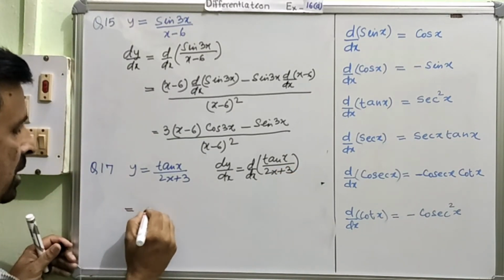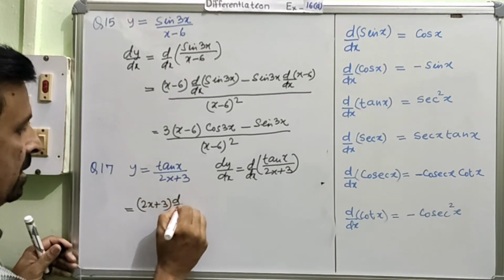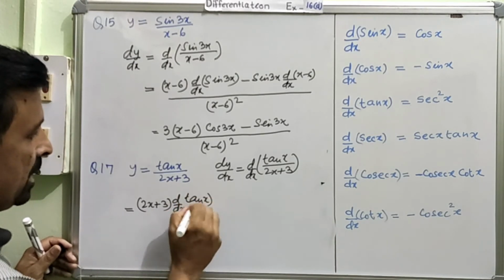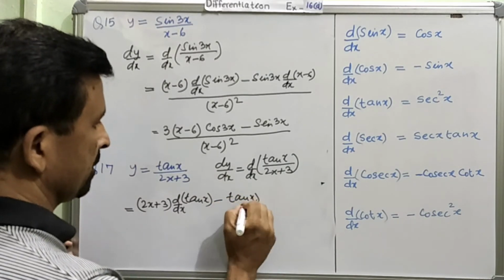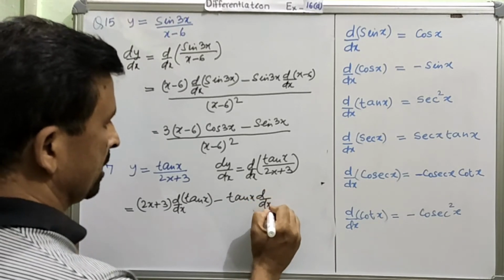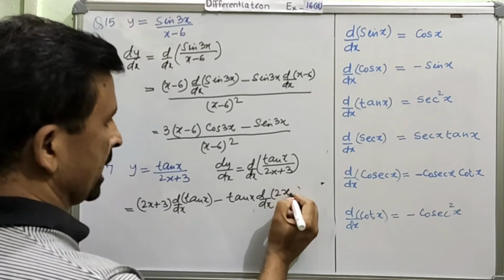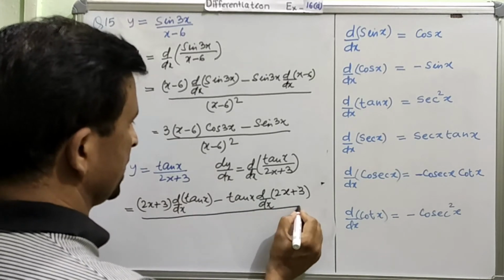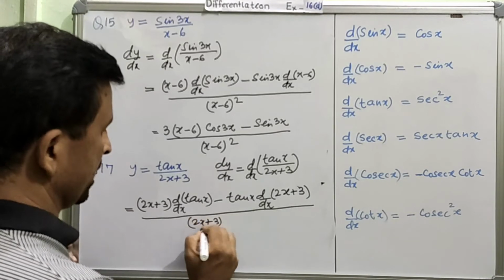So this is equal to, denominator will be silent, and then we will calculate the derivative of the numerator. This is tan x. Now minus sign, first term, the numerator will be kept silent, and then we will find the derivative of the denominator, that is 2x plus 3, and then we will have the square of the denominator, that is (2x plus 3) whole square.